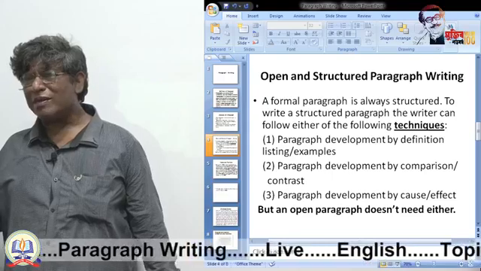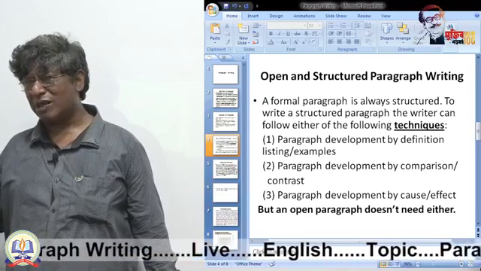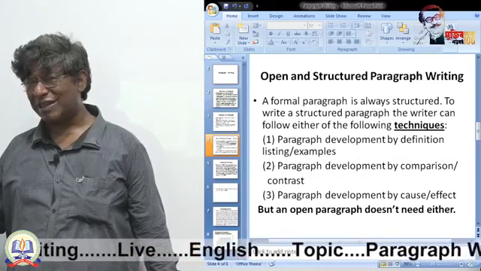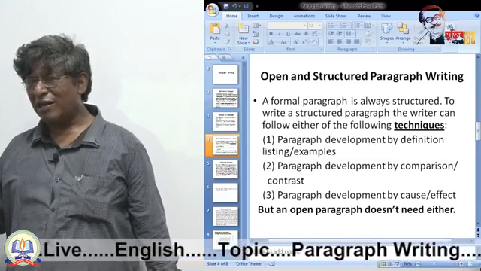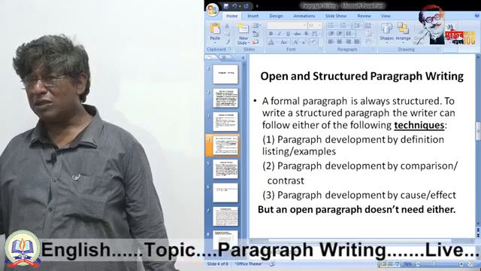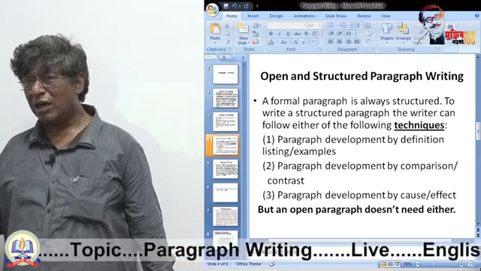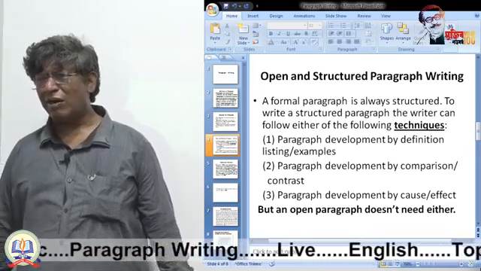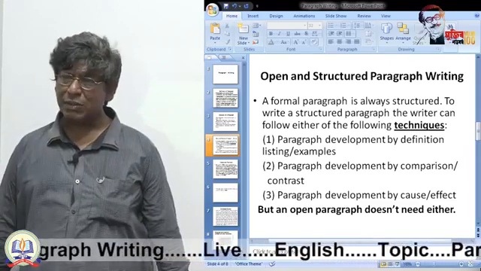An open paragraph means a paragraph, descriptive or narrative, that does not need to follow any of the techniques of paragraph writing. And structured paragraph writing means a formal paragraph which is always written in a structure, based on some techniques.